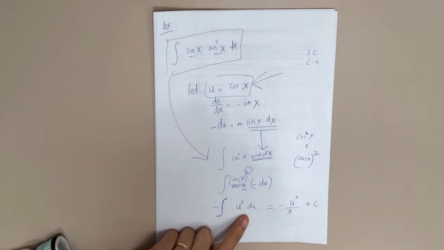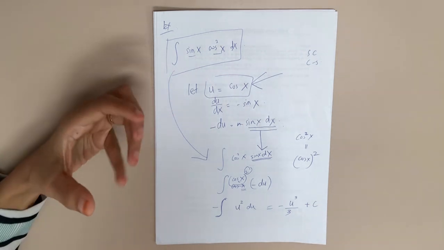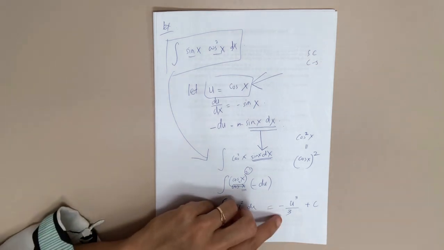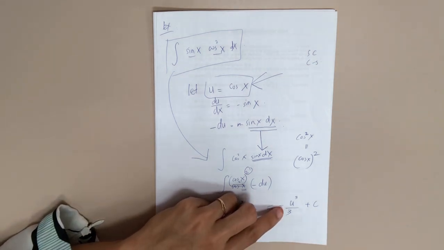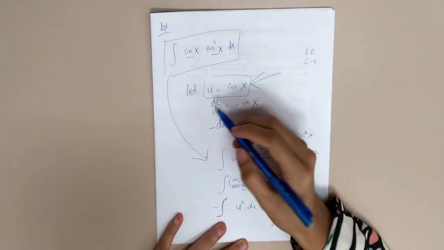But please don't stop here. This is not the final answer yet. What should you do now? If you refer back to your original equation, it is in variable x, right? So you cannot leave your answer in u. So what we do is just replace back your u.